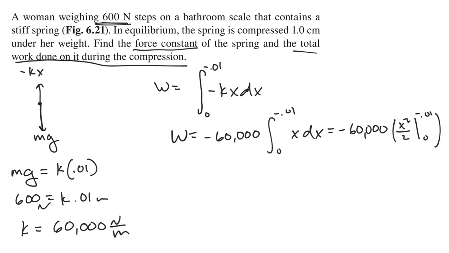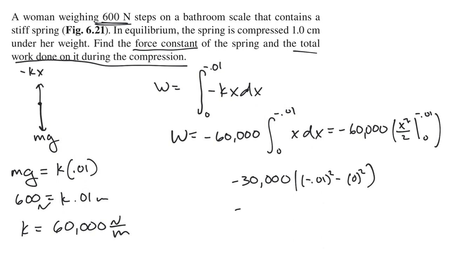And we get to plug all that stuff in. We'll go ahead and do negative 60,000 divided by 2. It's negative 30,000. And we've got x2 squared minus x1 squared. x2 is negative 0.01. So it's negative 0.01 squared minus 0 squared, which we should know is 0.